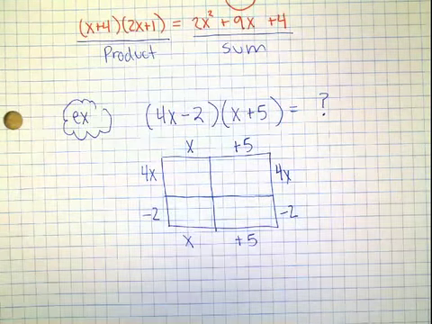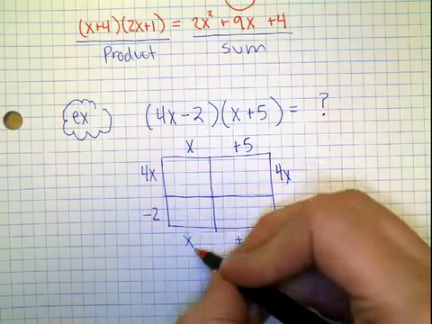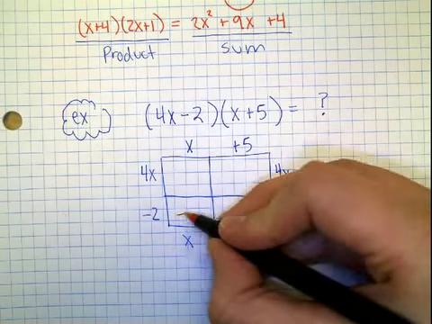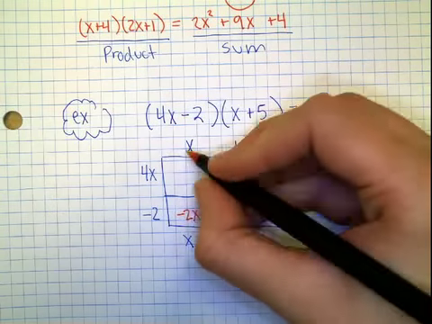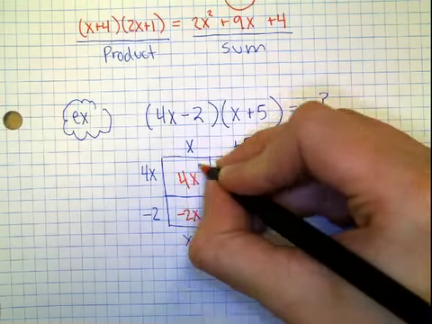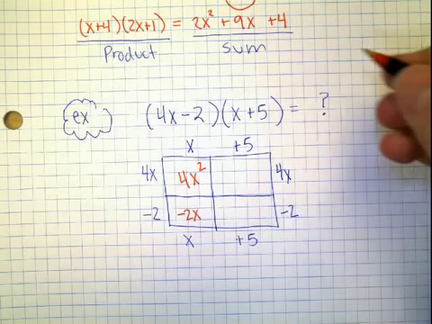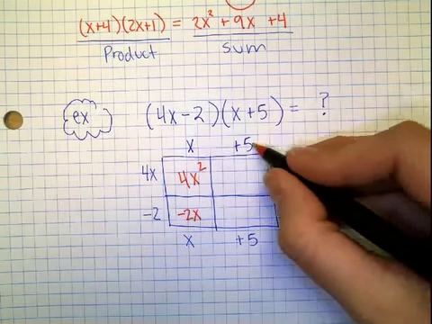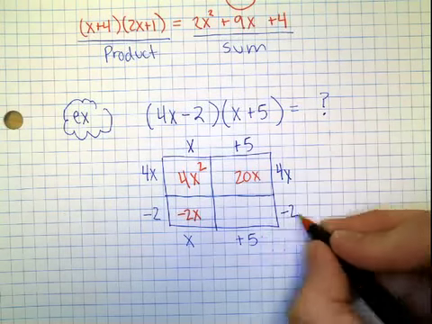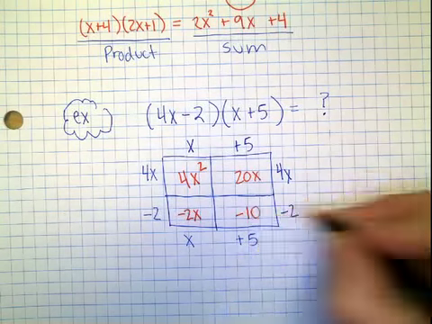And now let's go corner to corner. In the first corner, negative 2 and x, we'll multiply and say that's negative 2x. In the second corner, 4x times x is 4x squared, because there's x times x. 5 times 4x is 20x, and 5 times negative 2 is negative 10.